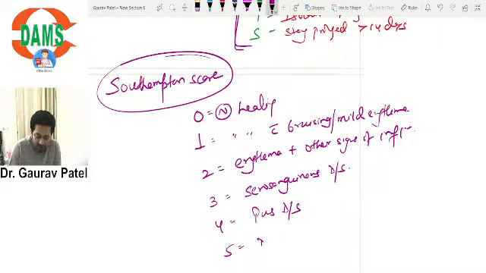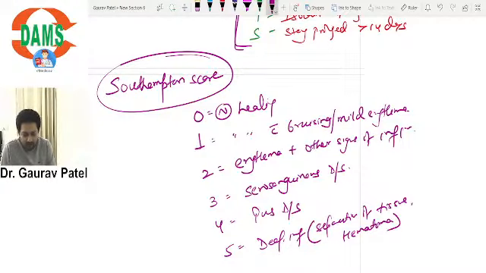And 5 is deep infection, which might include separation of tissue, or there can be a deep hematoma which needs aspiration.